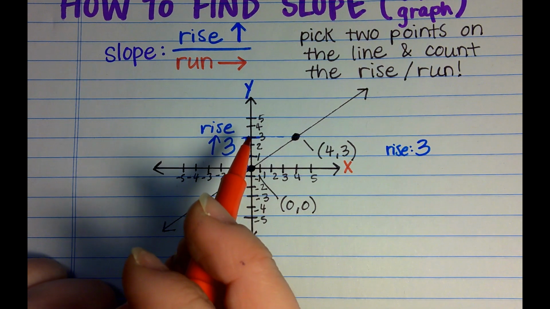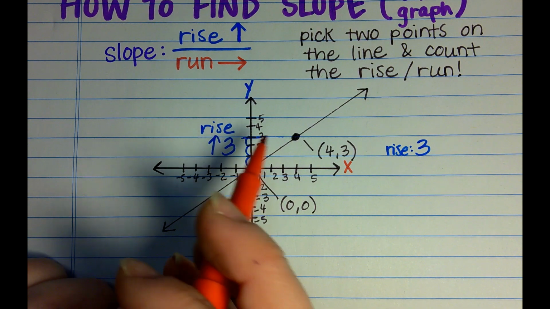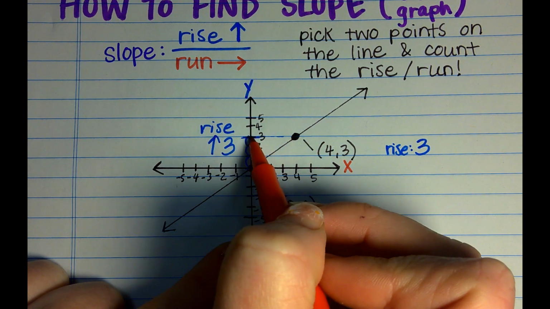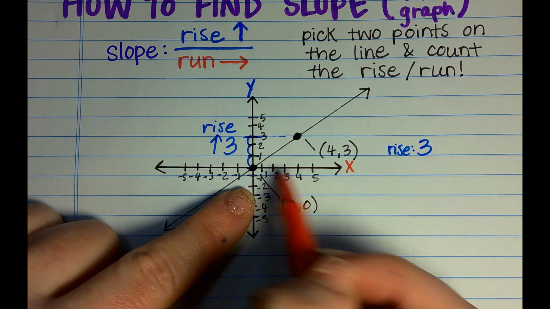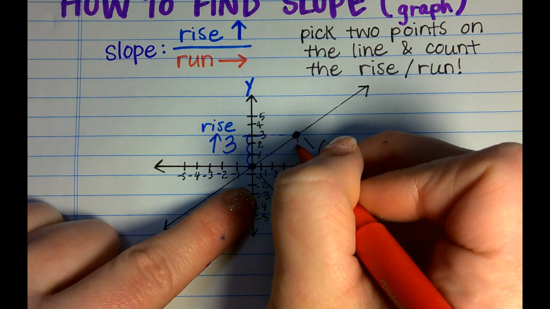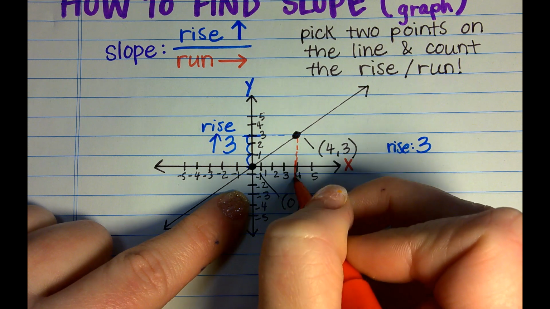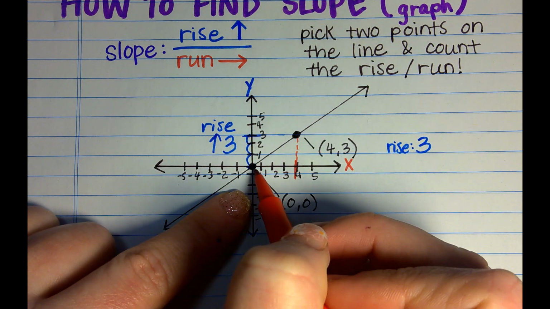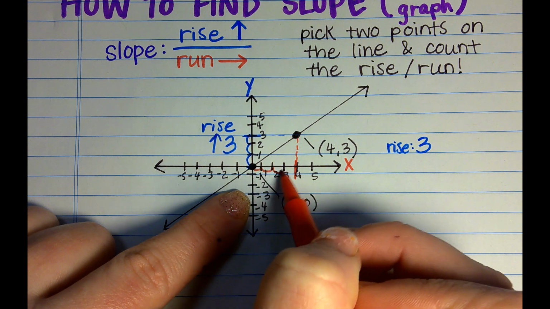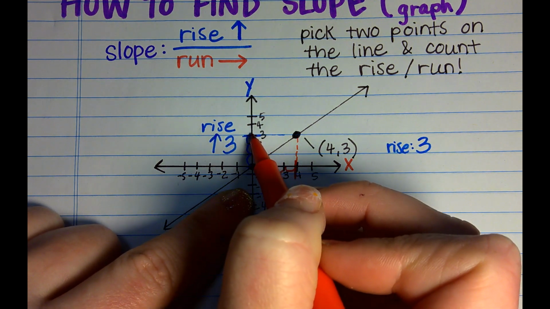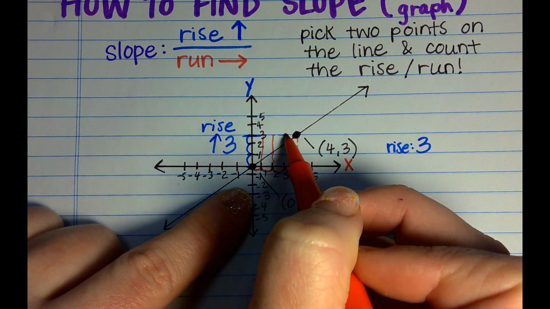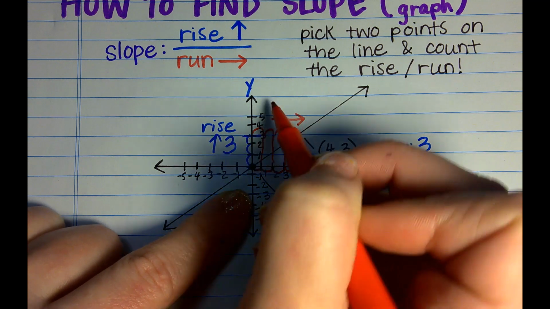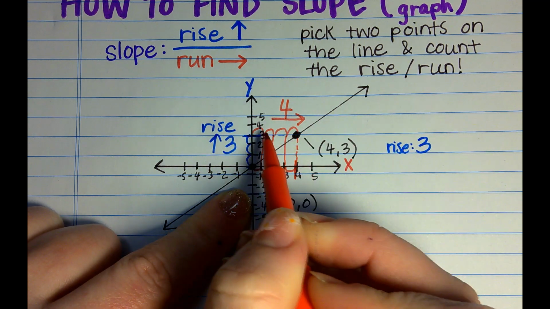And what I now want to decide is how far is my run? How far away is this point? So I can count. And if it feels easier to count down here, you can do that. I see that my second point lines up with 4 on the x-axis. So from my first point, it's 1, 2, 3, 4. Or I could count it up here. If I had lines, it would be a little easier to count. 1, 2, 3, 4. So my run is 4.